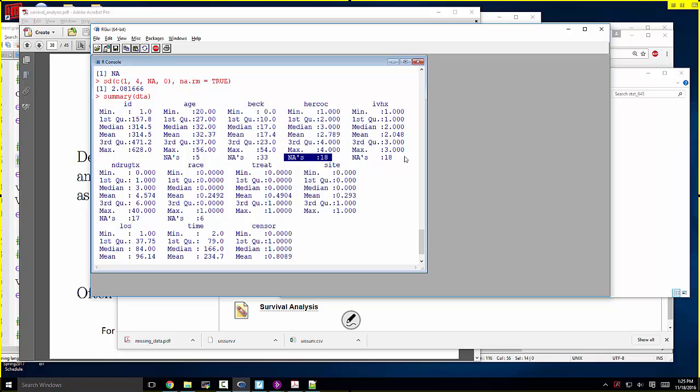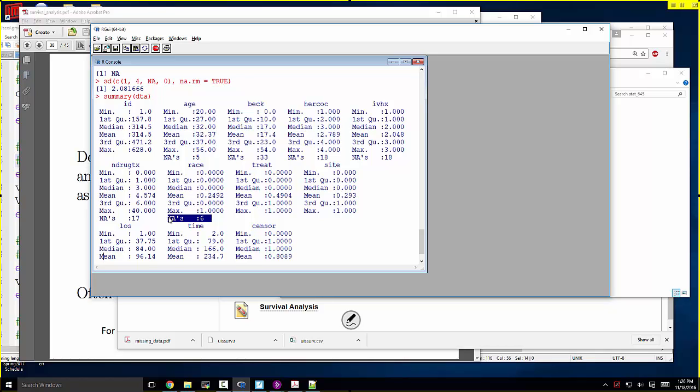Some of these individuals might have multiple missing values, but there's going to be some individuals that have one missing value for this variable and other individuals that have missing values for that variable and so on. So it's more complicated to decide what to do with the missing values. You don't want to just as a blanket strategy throw away every individual that has missing data because you will end up with not a very big data set in many cases. You'll lose a lot of data, a lot of information.